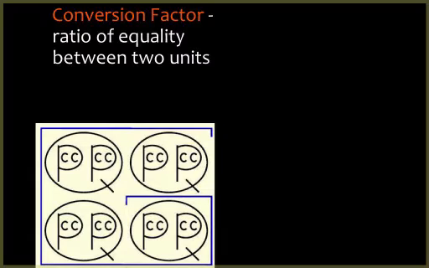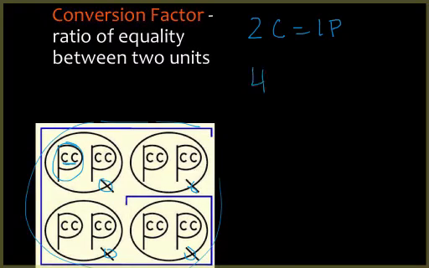If we use our little diagram here, we could say that there are 2 cups in 1 pint. So that would be a conversion factor that would be true. 2 cups equals 1 pint. And I'm just going to use the letters here. Then we could say there are 4 quarts, so there's 1, 2, 3, 4, in 1 big gallon.